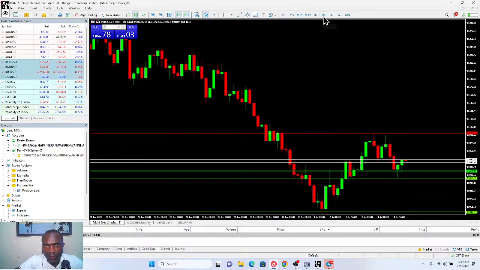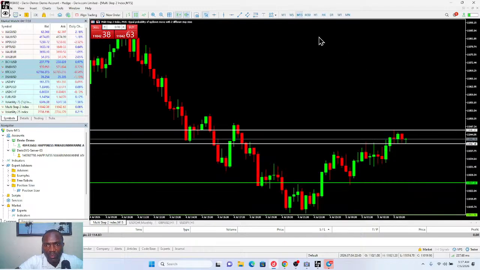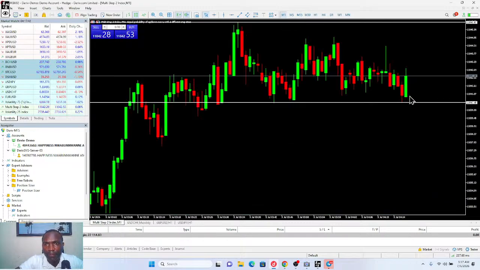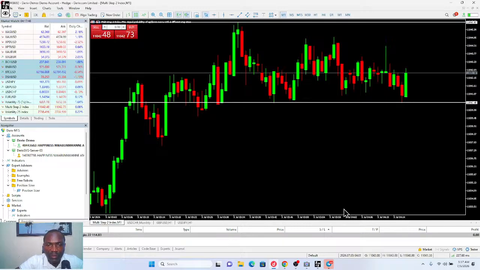Now I'm watching a particular candle to see what it is going to result to. So until that candle gives me a reason, I do what? Take it up. But if you are scalping, just go straight to 1 minute. Don't enter a trade when you see the red candle.